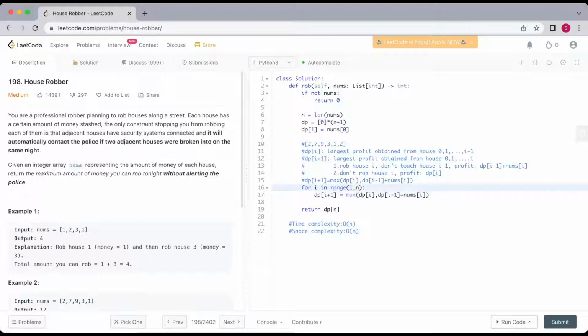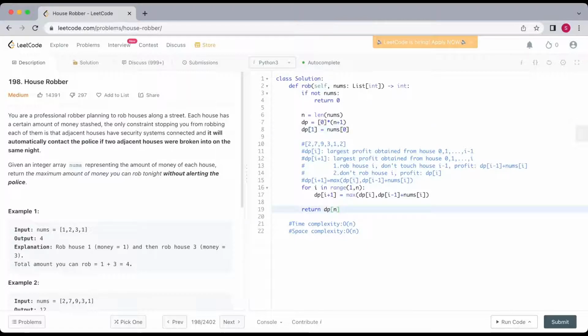And yeah, we also need to pay attention to the special cases like dp[0]. Here dp[0] means we don't rob any house from the houses, and dp[1] means we only rob one house, which is the house number 0.